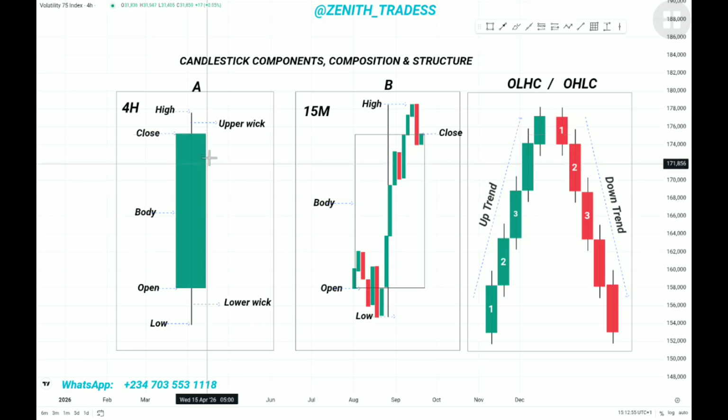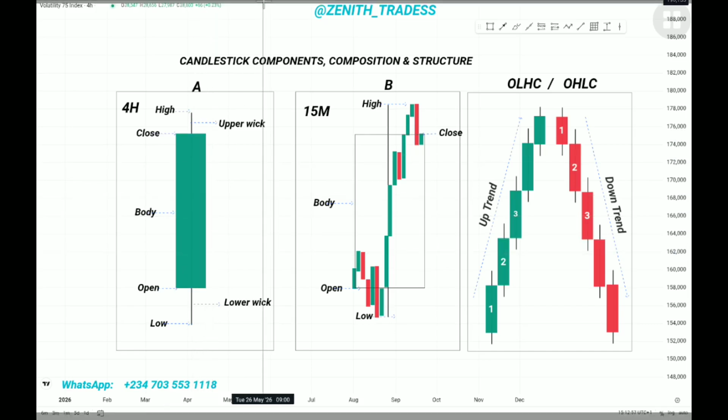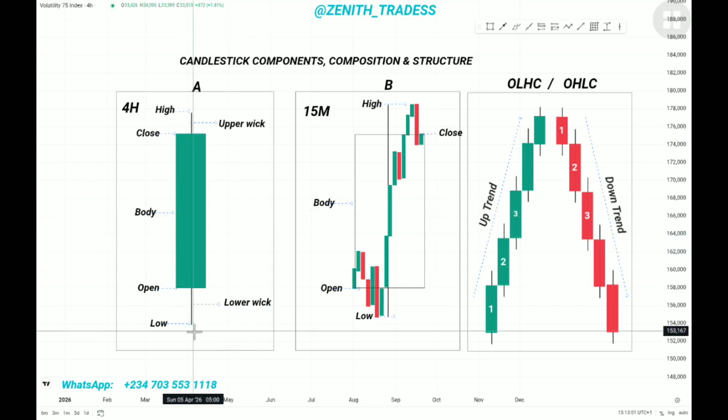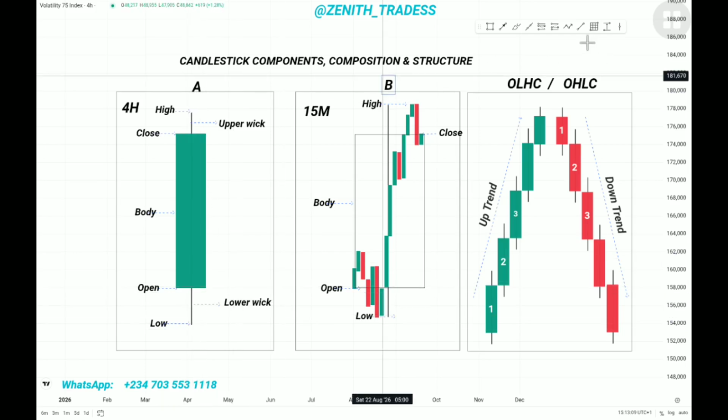Right? Now, I said the distance between the open and closing is what we refer to as the body. The low tells us that this is the level price reached in this 4-hour window before it pushes up. That means it opens from here, gives us a low first, right?